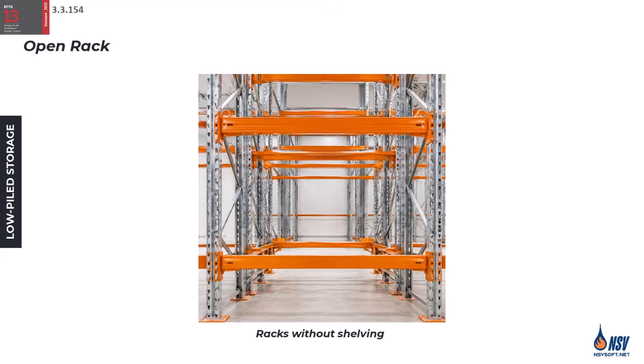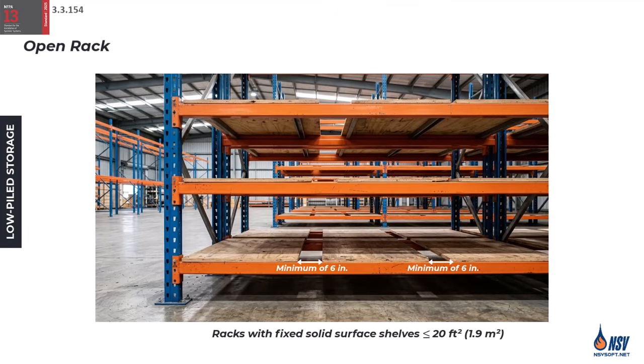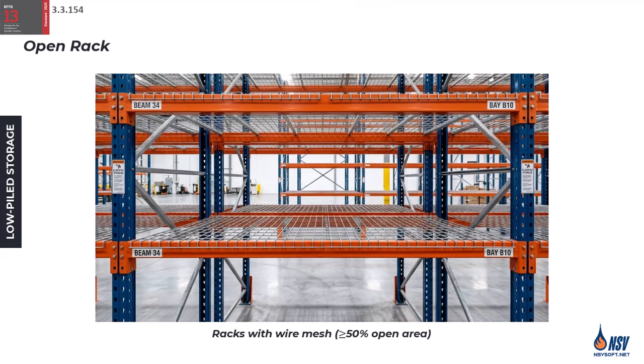First, racks without shelving. Second, where shelving exists, but the individual shelf area is 20 square feet or less, and the open gaps, what the standard calls flue spaces, between the loads are maintained. And third, where shelving, like wire mesh or slats, has at least 50% open area. This open design allows water from ceiling sprinklers to freely flow down through the racks to reach a fire.